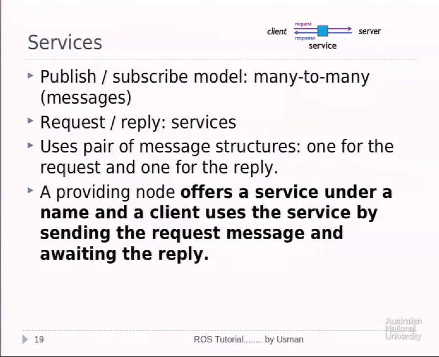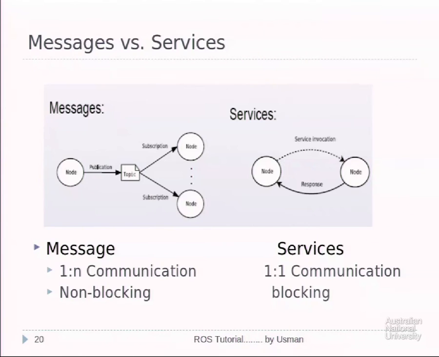So here's a clear picture of what happens. There is some node which wants to send some message. As I told you, a combination of messages is the topic, so other nodes will subscribe to that node for that information. Whereas in the service case, a node sends a service invocation, like I need this thing, for example counting the number of people.